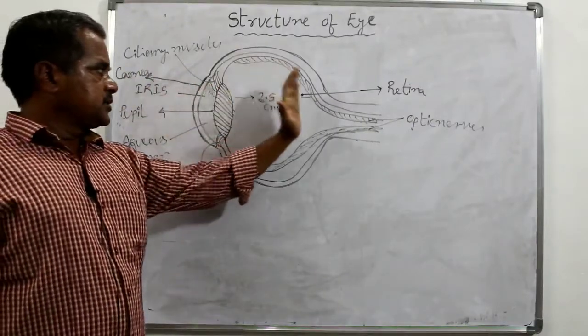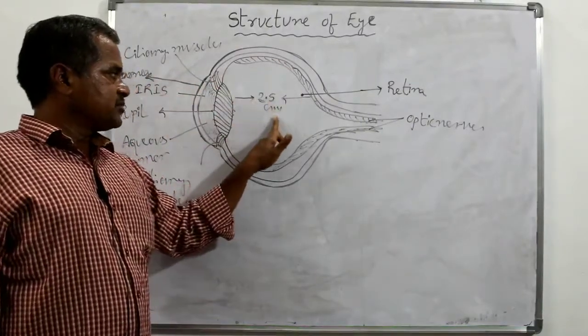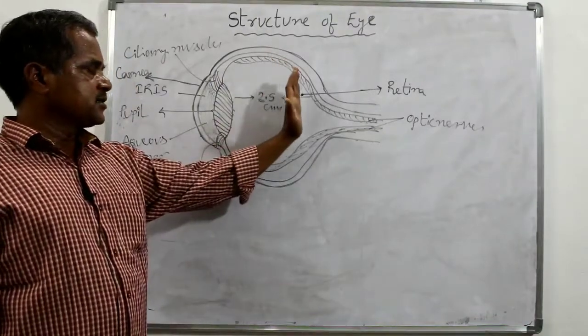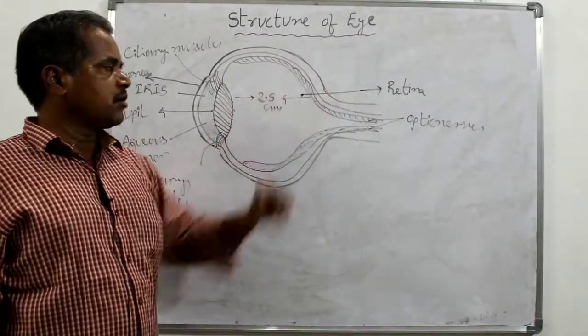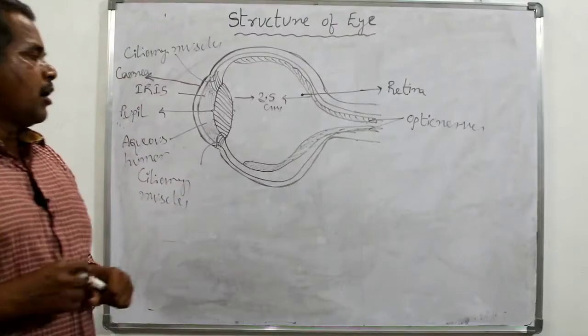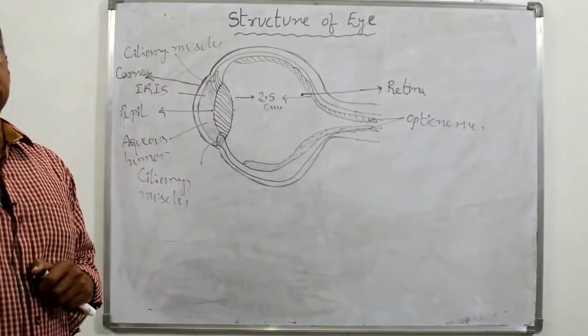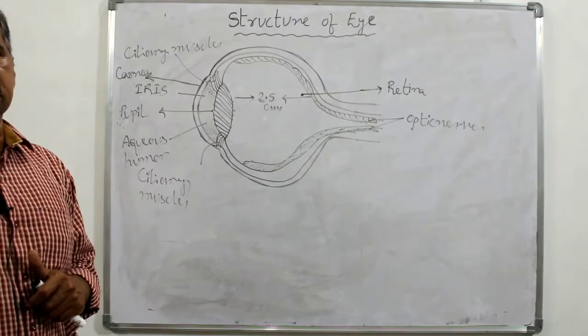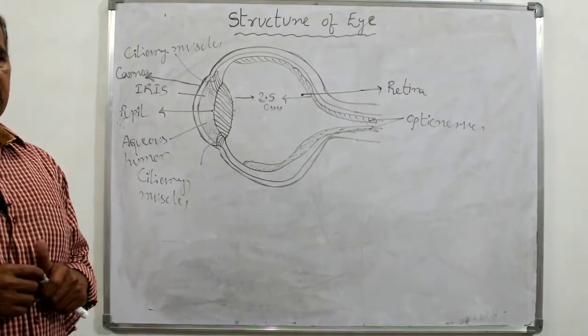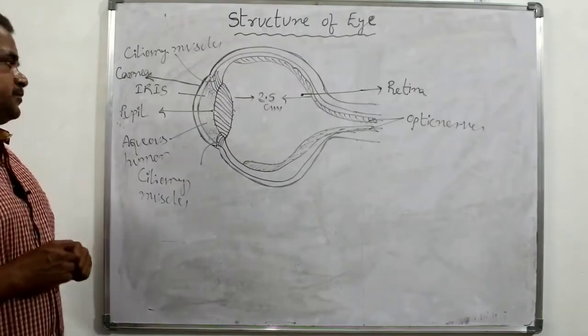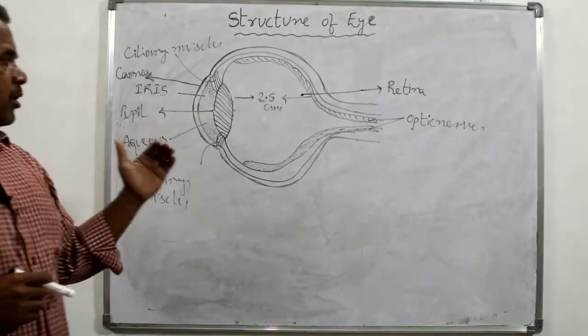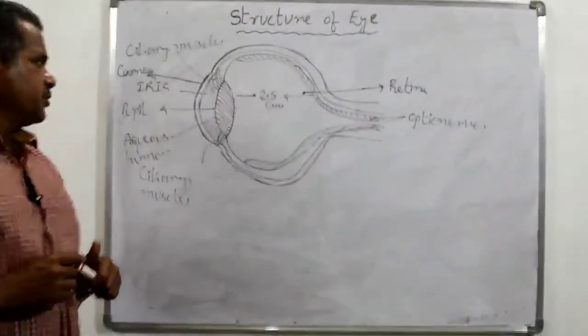Behind the eye lens, at a distance of 2.5 centimeters, one screen exists. The screen is called the retina, on which images are formed when we see objects at far distances or near distances. So these are the parts and structure of the human eye.